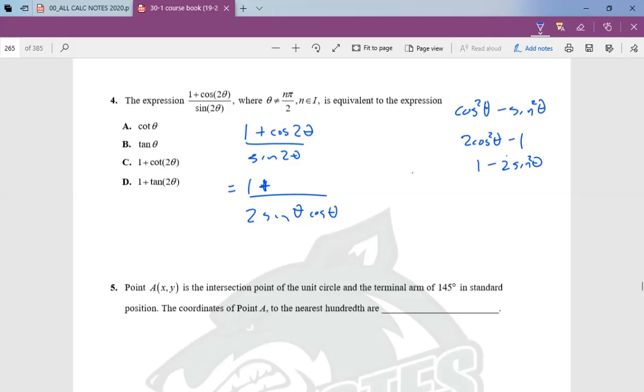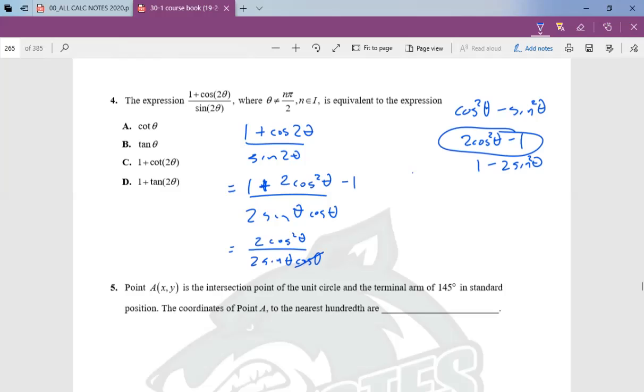Again, we could probably choose any of these. I'd probably stay away from the first one. I don't know what I would do as a next step. Well, it's going to take an extra step if we use the first one. But if we use this second one, the positive one and the negative one are going to divide out. So maybe let's use that. So 1 plus 2 cos squared theta minus 1. That numerator becomes 2 cos squared theta over 2 sine theta cos theta.